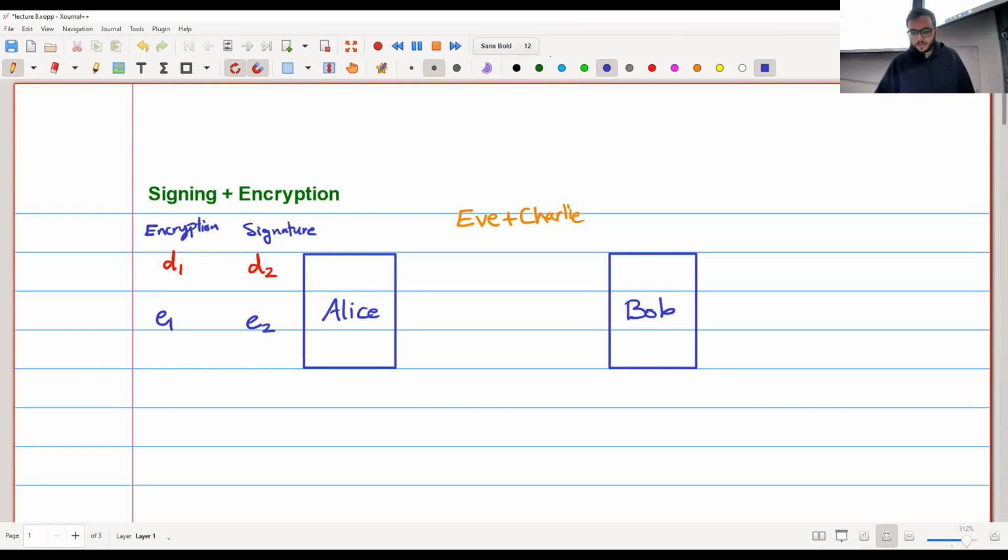And then Bob has a similar situation. So he has two pairs of keys. One pair is used for encryption, and one pair is used for signatures. So let's call this D3 and E3 for encryption.